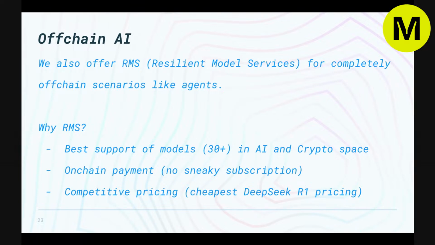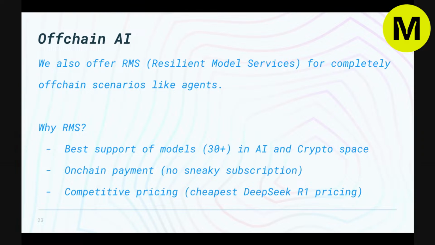We also offer a service called Resilient Model Services (RMS), and it is completely suitable for off-chain scenarios like agents. For example, you just want to build another AI XPT, and then you can use resilient model services instead of the on-chain AI code that we talk about.